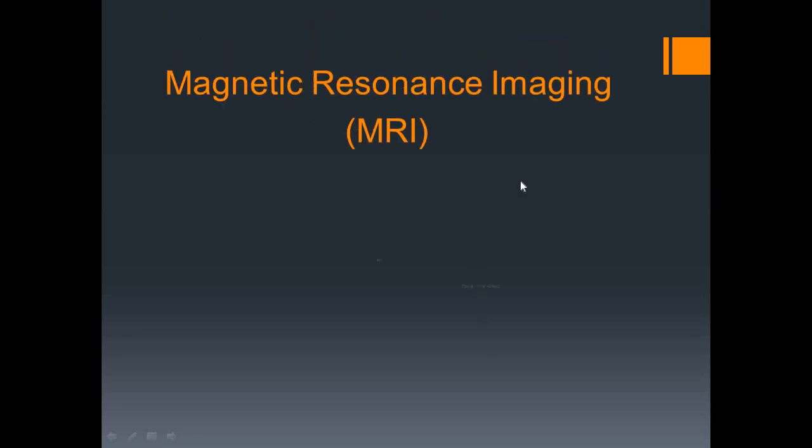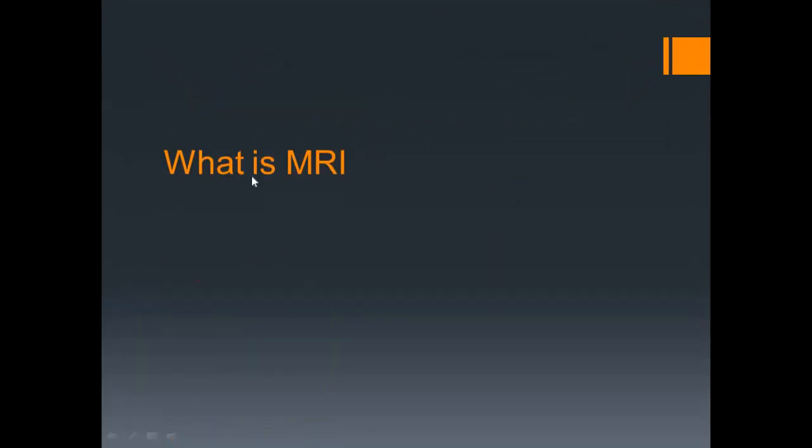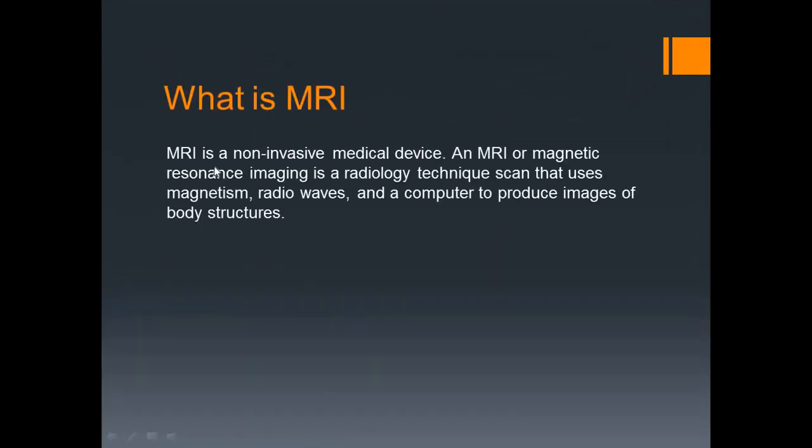Magnetic resonance imaging, MRI. What is MRI? MRI is a non-invasive medical device. An MRI, or magnetic resonance imaging, is a radiology technique scan that uses magnetism, radio waves, and a computer to produce images of body structures.